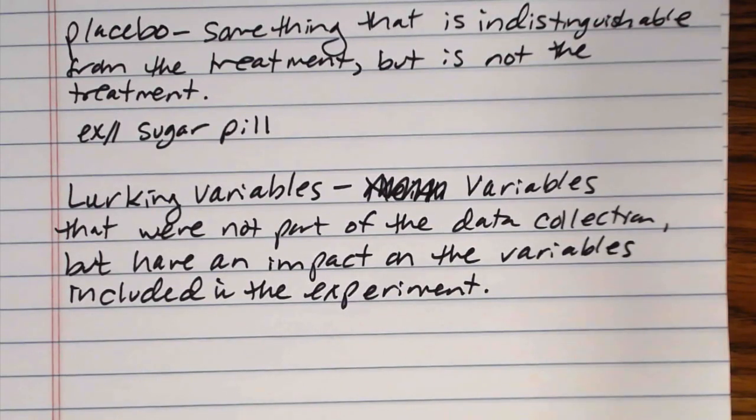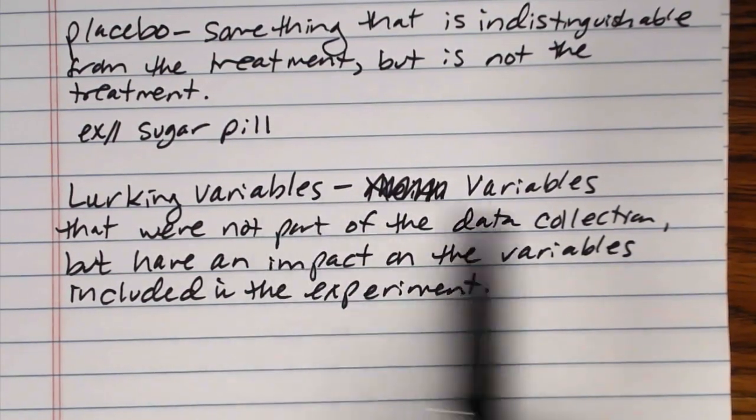In the observational study example that I gave you previously, where we were looking at diet and heart disease, if those are the only 2 pieces of data that we collected, exercise or fitness level could be a lurking variable. People who are more fit tend to also be likely to eat healthier, so fitness level might have an effect on diet. Fitness level also likely has an effect on heart disease and heart disease risk.